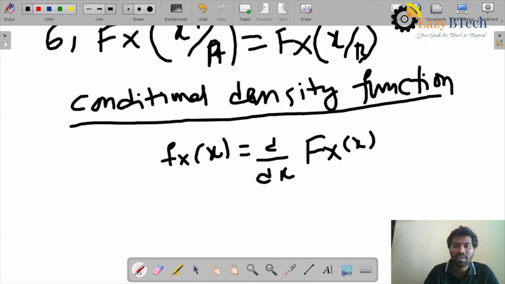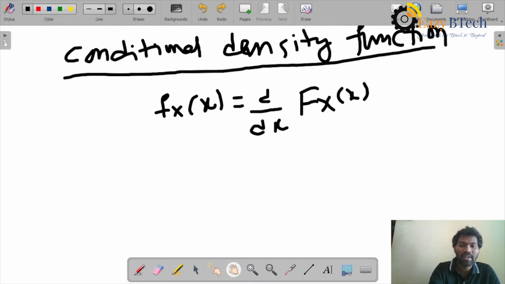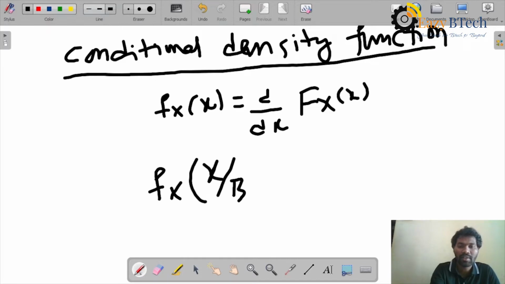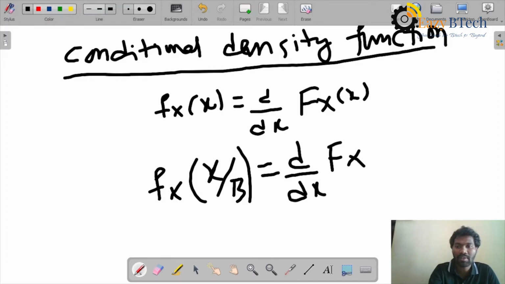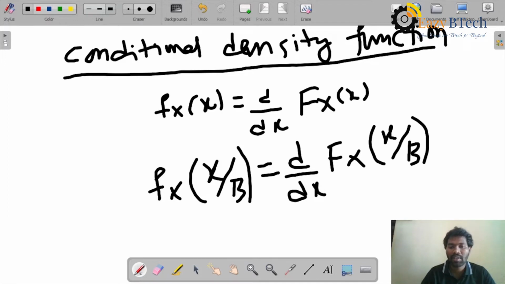This we already know. Here we already know the conditional distribution function. In the same way we can find the conditional density function, that is fx(x | B) for some event B, equal to d/dx of Fx(x | B). That is the definition.